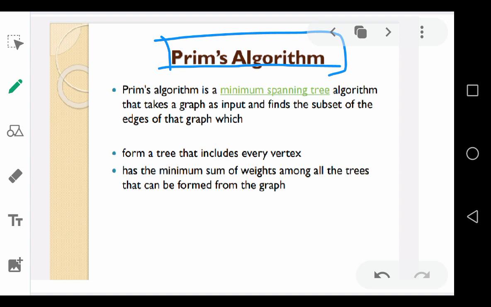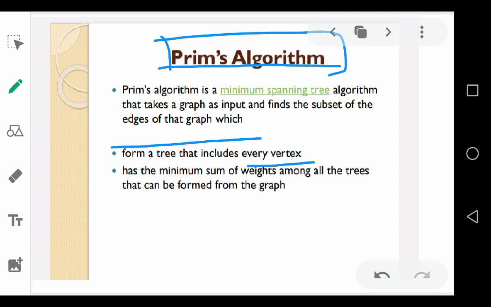So Prim's algorithm is a minimum spanning tree algorithm that takes the graph as input and finds the subset of the edges of the graph which includes every vertex of that graph, and has the minimum sum of weight among all the trees.